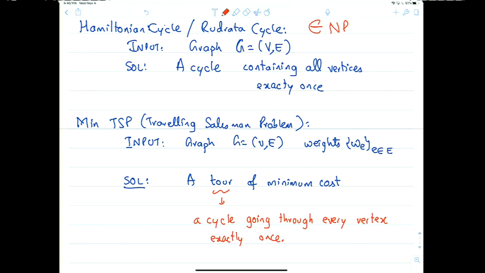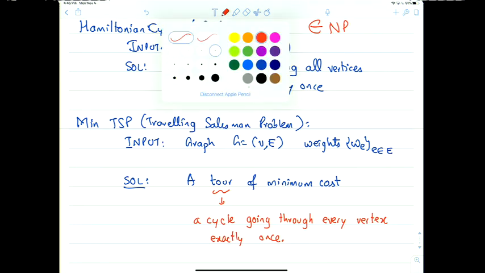Now you need to check whether I'm telling the truth, whether it's the actual minimum cost tour. How do you check? You can check, of course, that it's a valid cycle, but you cannot check that it's the minimum cost, because minimum cost means it's smaller than all the other n factorial different TSP tours. So this problem is not in NP. As I've defined it, it's not a problem in NP because there's no obvious way to check the solution.